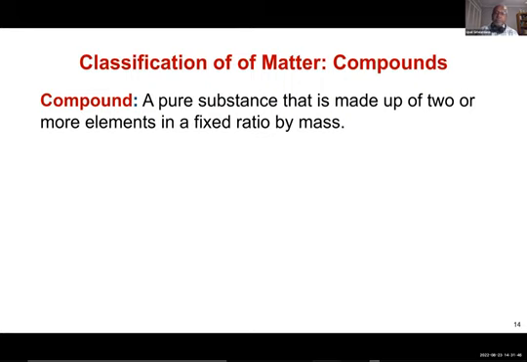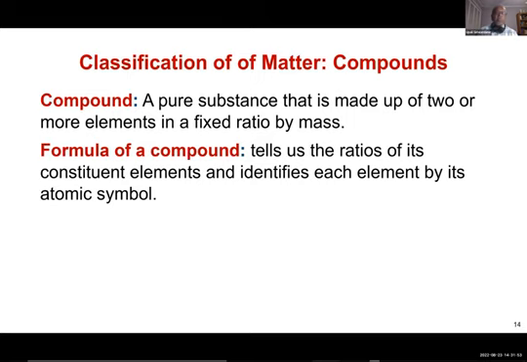They have a fixed ratio by mass, like water has a 1:8 mass ratio. Unlike atoms, which have one symbol, the formula of a compound has two or more symbols.